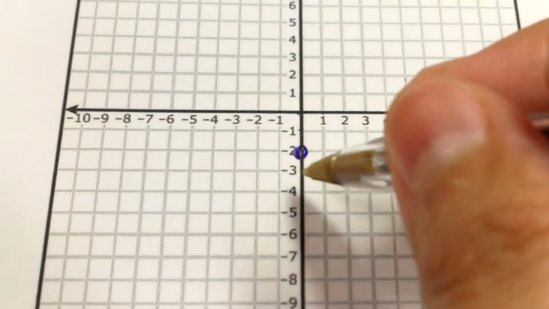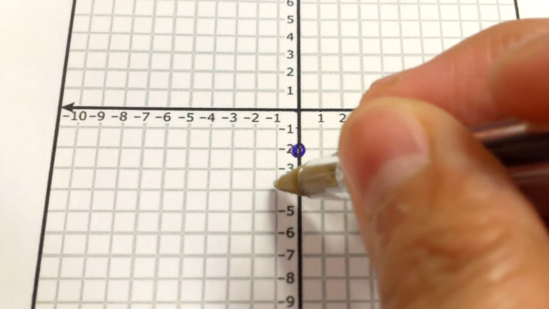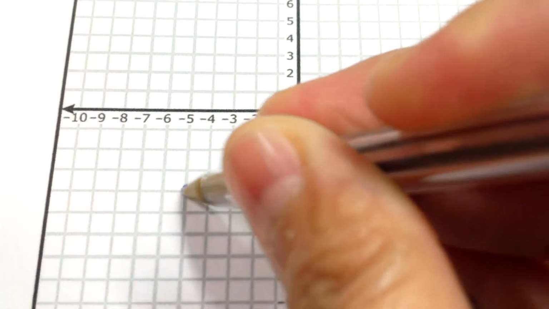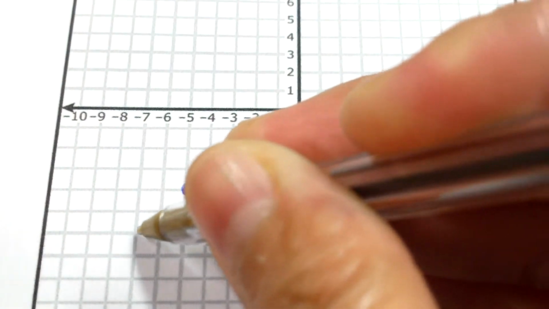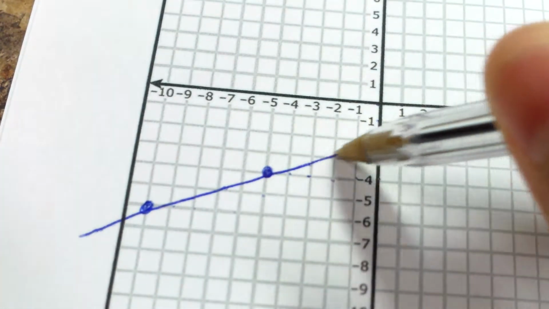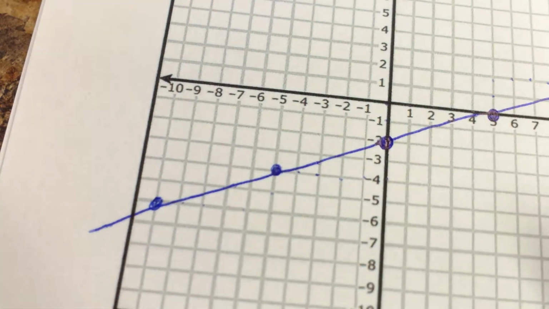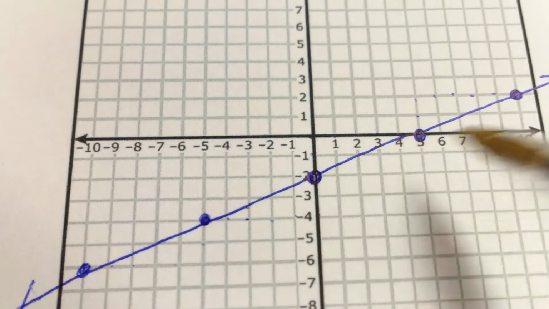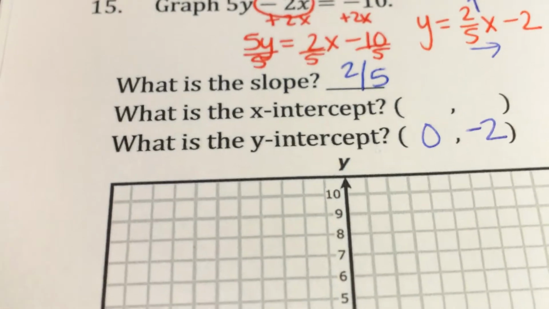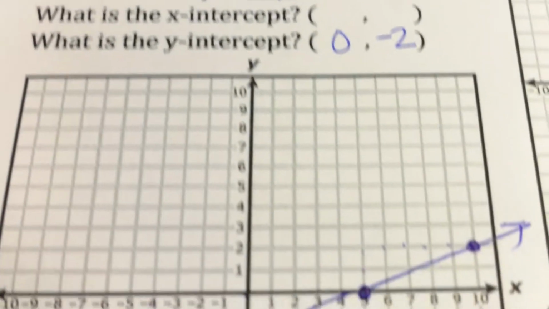And then on this side, I'm going to go the opposite direction. And then I connect my dots. And from here, it's going from left to right. It is going up because it is a positive slope.